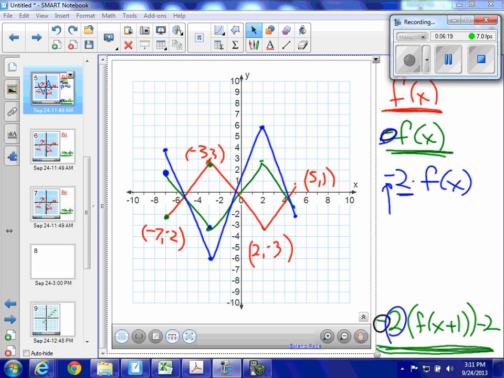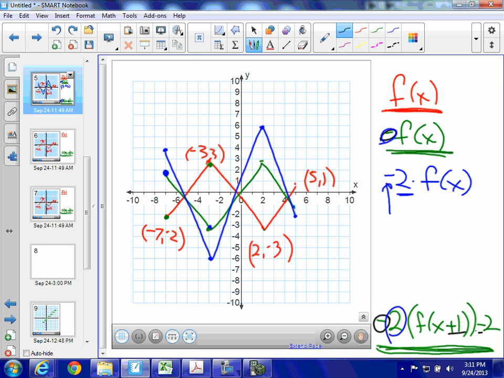So my last step in the transformation is going to deal with my h and k. So I'm going to take my blue graph that I've just done here, the negative 2 f of x, and I'm going to shift it to the left by 1.